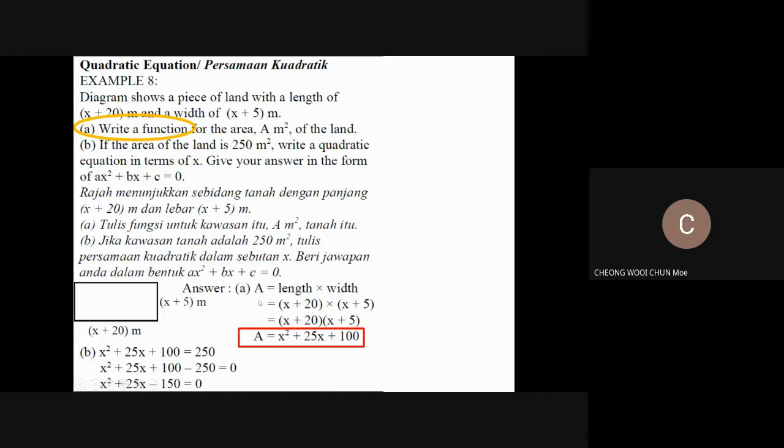Then you write the function, you need to simplify it, expand it. x times x, x to the power 2, x squared. Then x times positive 5, 5x. 20 times x, 20x.